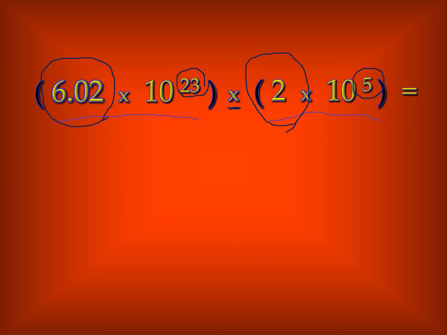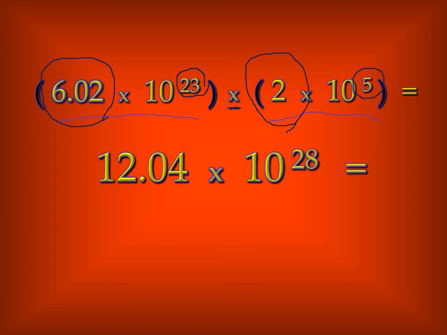So 23 and 5. What do you do with those exponents when you're multiplying again? Oh yeah, it looks just like addition. It follows the rules of addition. So 23 plus 5 is 28. So now I could rewrite the product of that as 12.04 times 10 to the 28th.